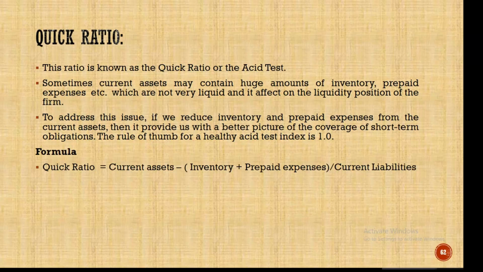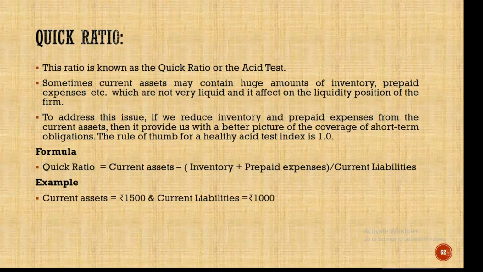Formula: quick ratio is equal to current assets minus (inventory plus prepaid expenses) divided by current liabilities. That means we are excluding inventory and prepaid expenses from the current assets and dividing it by current liabilities.